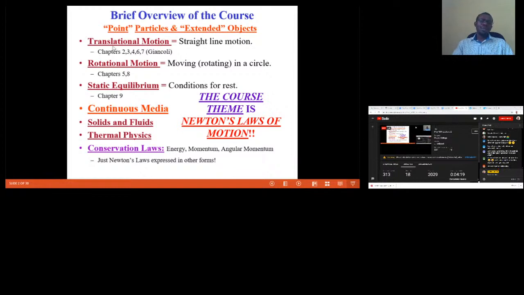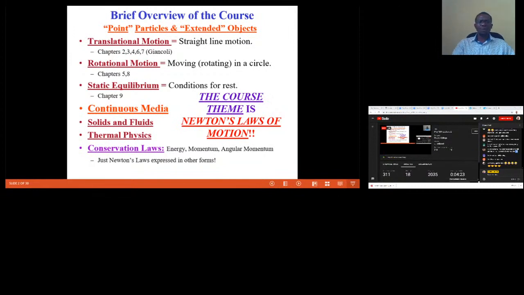The other starting point is that we are going to consider only translational motion. When an object is moving, there are a lot of motions that it could exhibit. One of which could be translational motion, where the object is just moving from one point to the other without rotating.